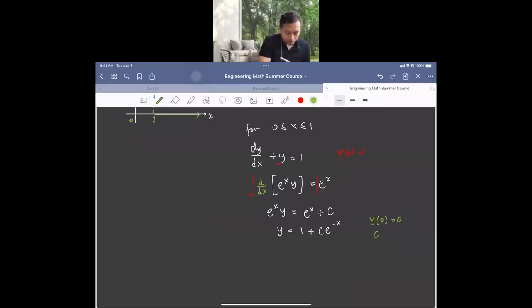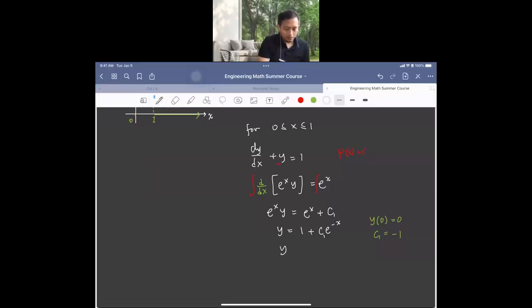So we must have c, or maybe you write c1 to make it clear, so c1 is negative 1.